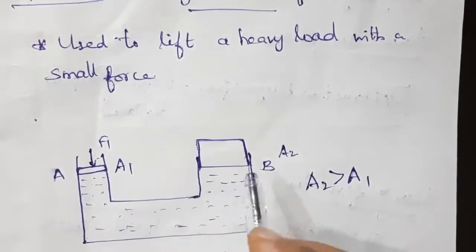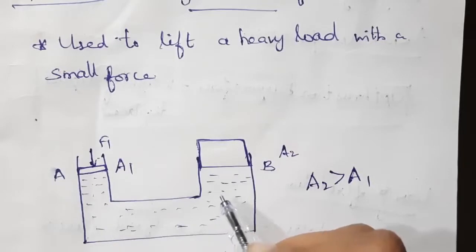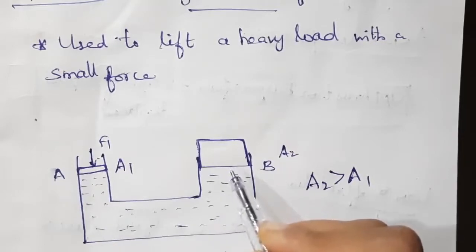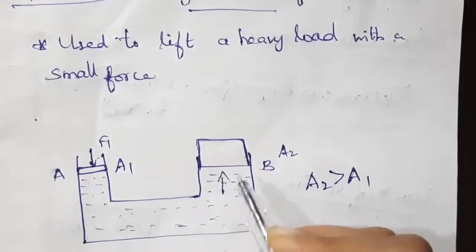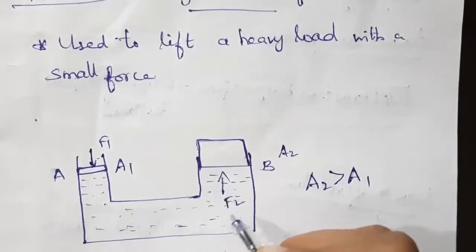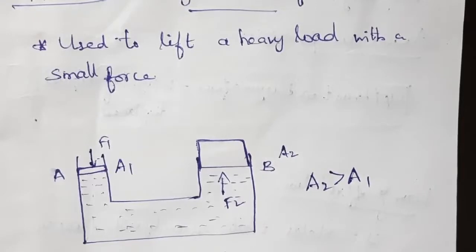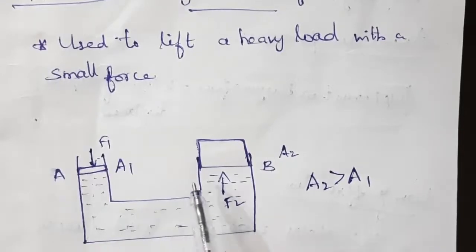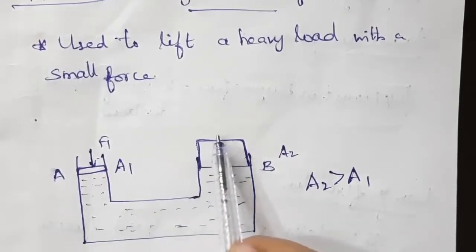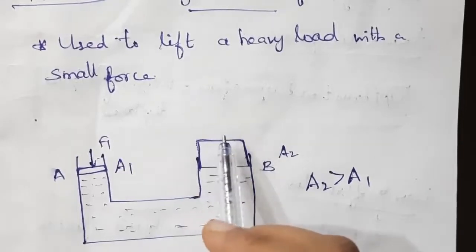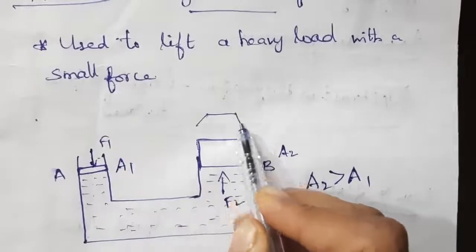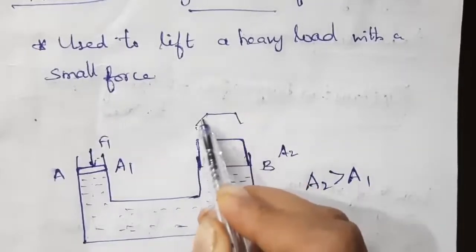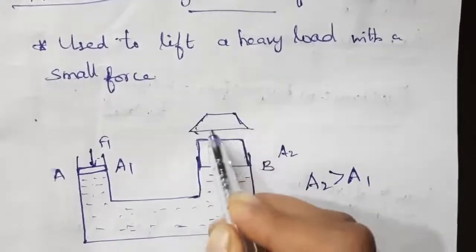It will create an upward force, F2, on piston B. Suppose an object, consider a car, is placed above this piston.